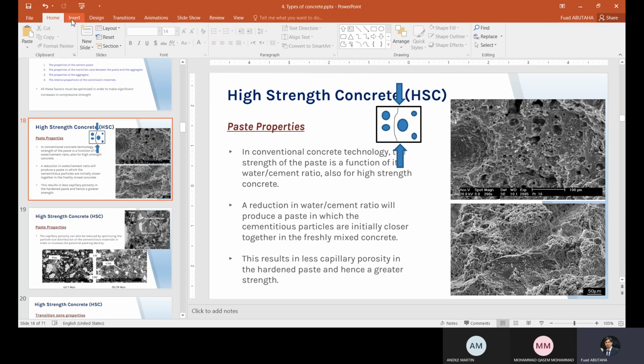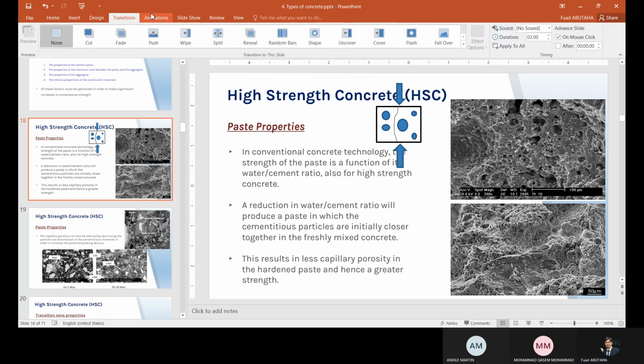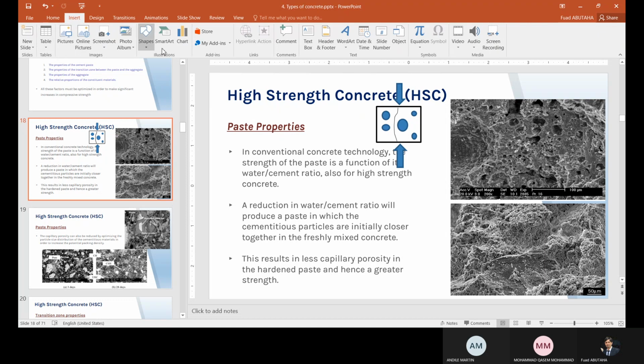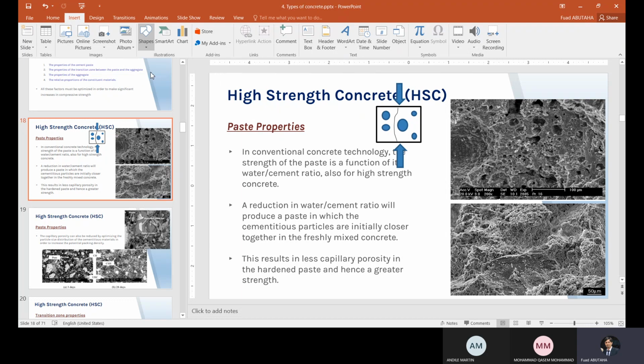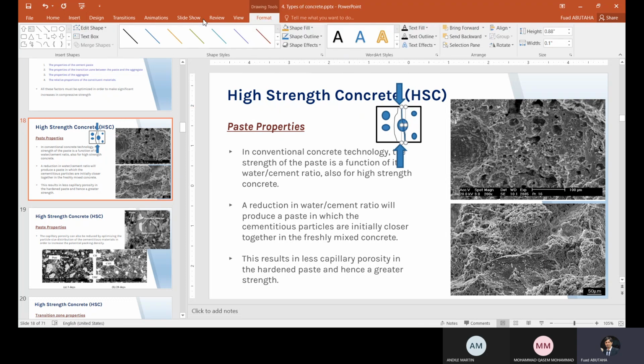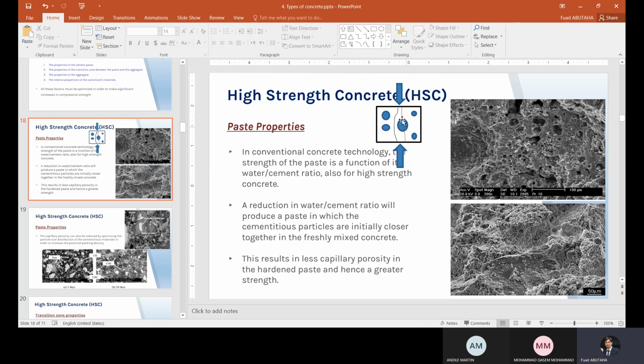The other scenario is that the failure goes through the aggregate and splits it into two pieces.